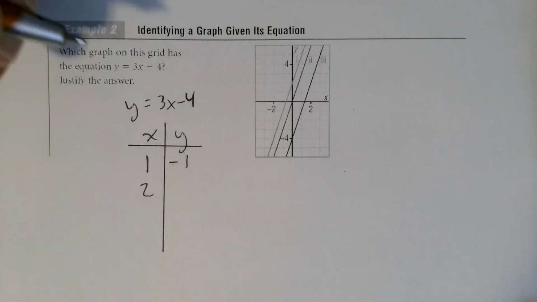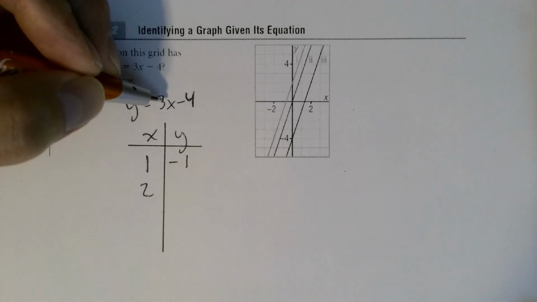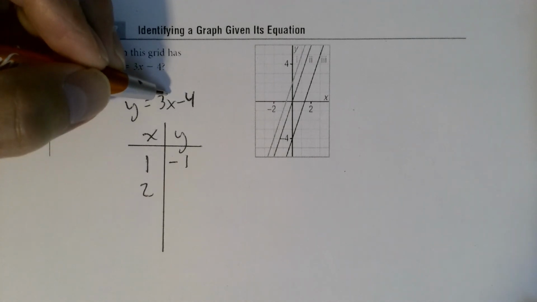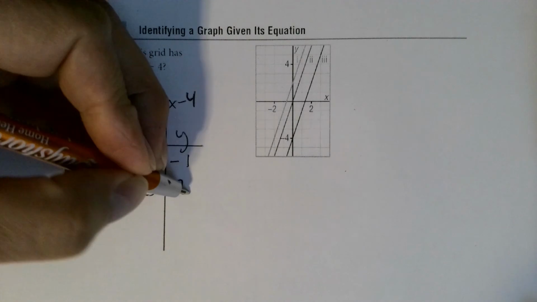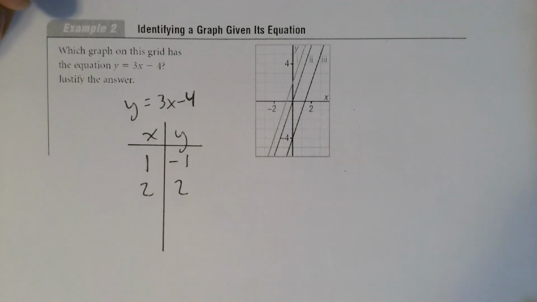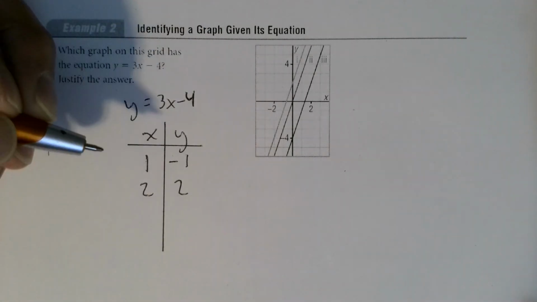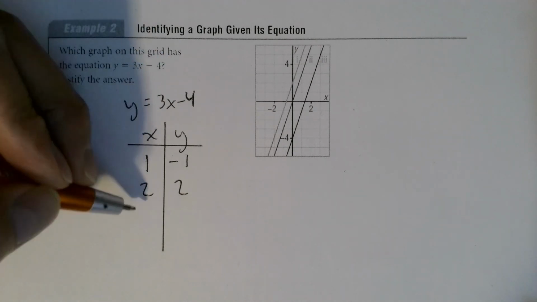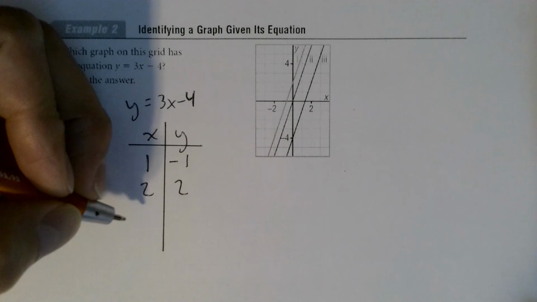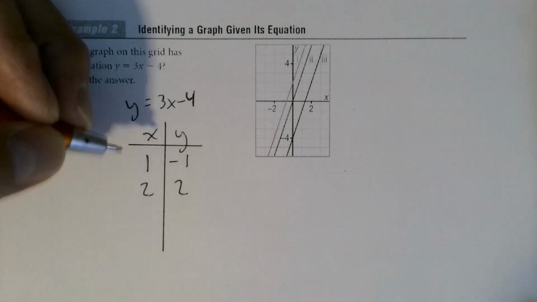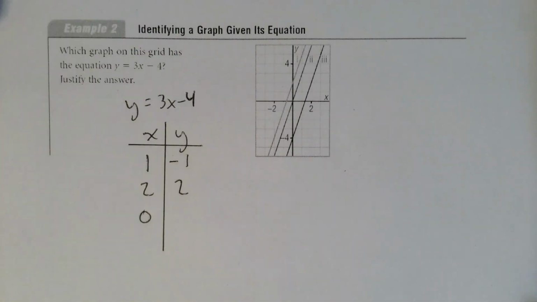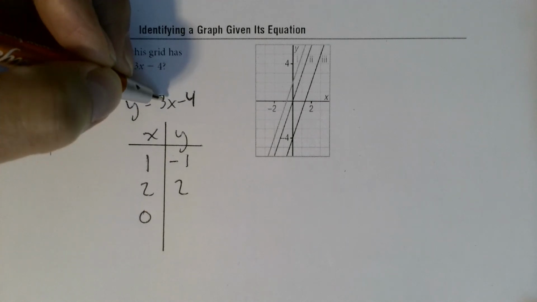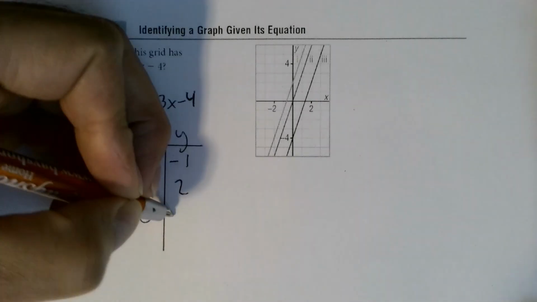Put in 2. 3 times 2 is 6, minus 4 would be 2. And we don't want a pattern. And if I do 4, it's not going to fit. So let's do 0. 3 times 0 is 0, minus 4 is -4.